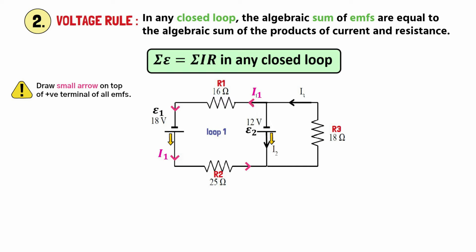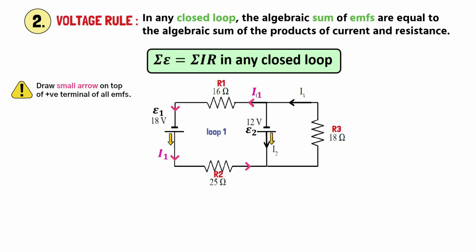Untuk setiap EMF kita tahu kan, current akan mengalir daripada positive terminal. Jadi untuk guide kita untuk menulis equation dengan betul tanpa salah, awak perlu lukis dahulu small arrow on top of positive terminal of all EMF. Okay, so kita lukiskan direction of small arrow must be outward, keluar daripada positive terminal.